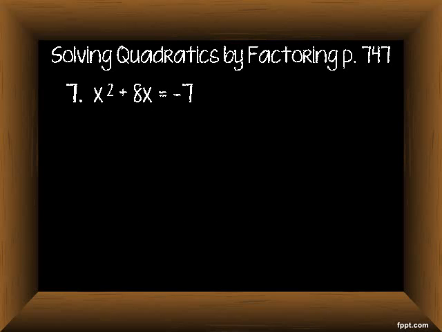Number 7 is not in standard form yet, so we need to get this in standard form. We need to transform this equation so that it is set equal to 0. That means let's get rid of that negative 7 on the right side of the equation. Let's just use inverse operations and add 7 to each side of the equation.